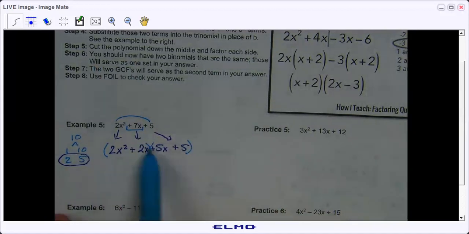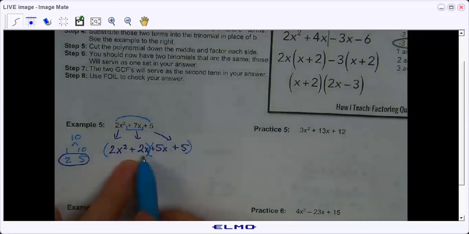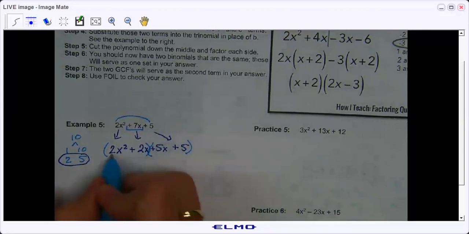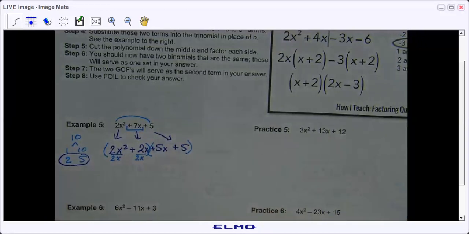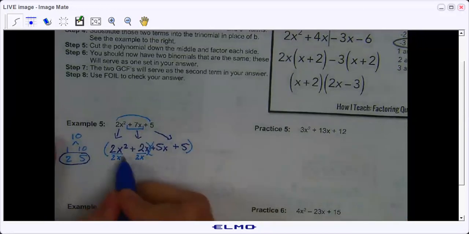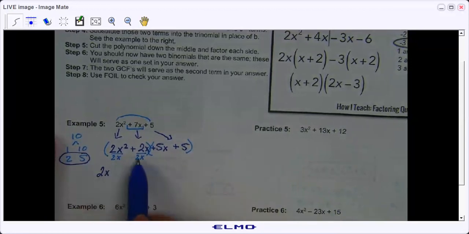So I'm going to factor this first set. I need to look at this and say, what is the greatest common factor between 2x squared and 2x? I can see that it is 2x. So we're going to divide both of these by 2x. This 2x goes on the outside, what we're factoring out. And then what's left goes in a set of parentheses.